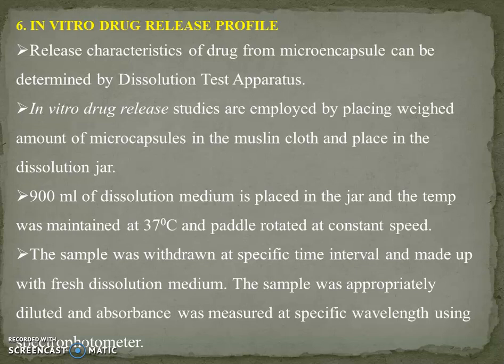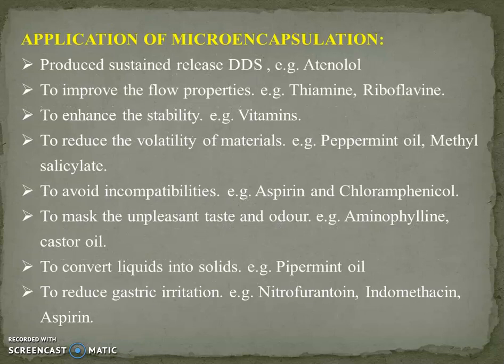The sample is appropriately diluted and the absorbance is measured at a specific wavelength using a spectrophotometer, either UV spectrophotometer or HPLC methods. Thus we can evaluate the microcapsules by various evaluation parameters.